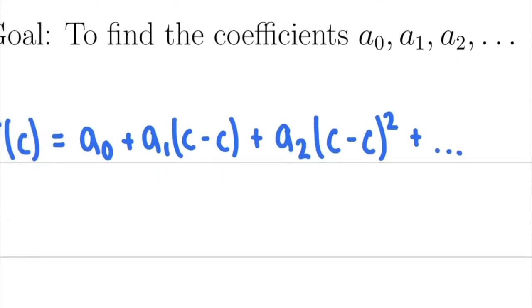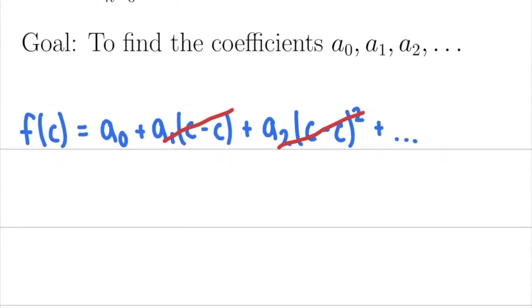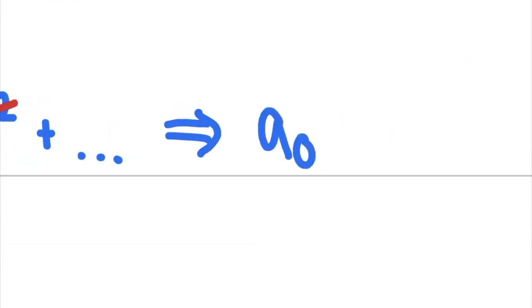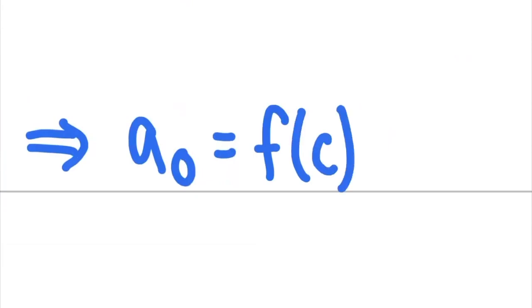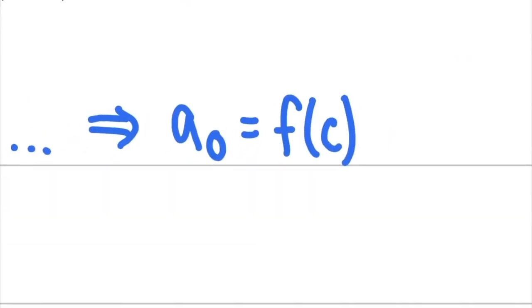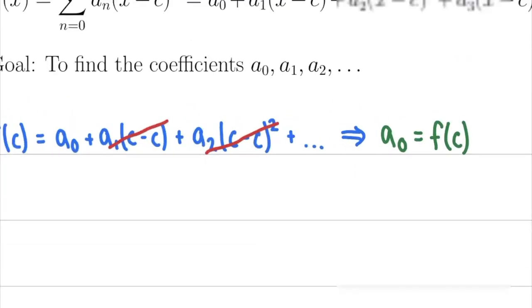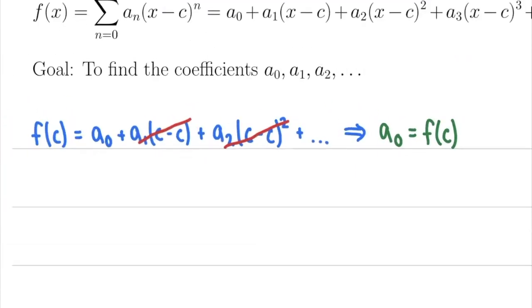All the terms except for a sub 0 die. So we get that a sub 0 is just f of c. Let me put that in another color because it's important. So we found the first coefficient.